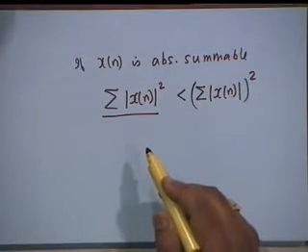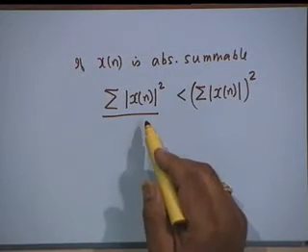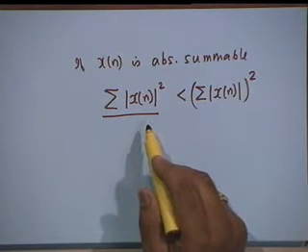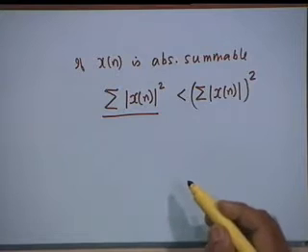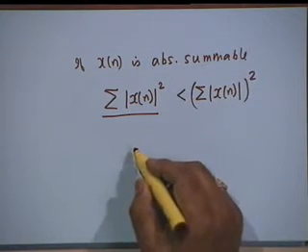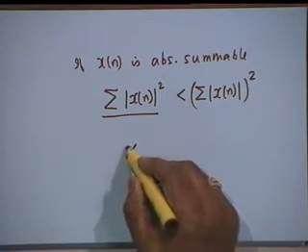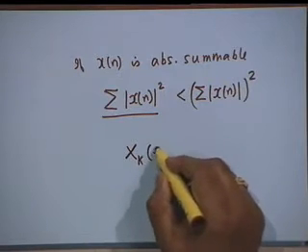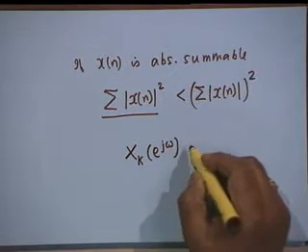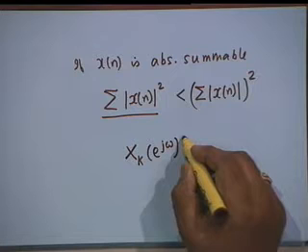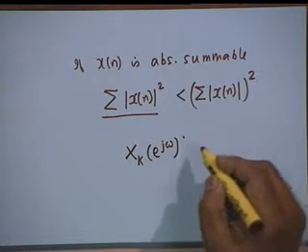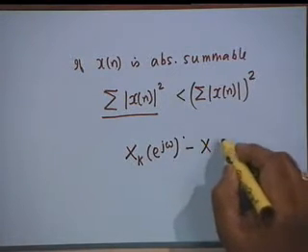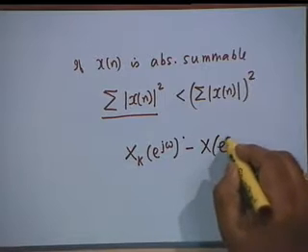However, such sequences which are square summable do have Fourier transforms, and in this case what you have to find out is the magnitude of x k e to the j omega, no, let us take this, minus x e to the j omega.